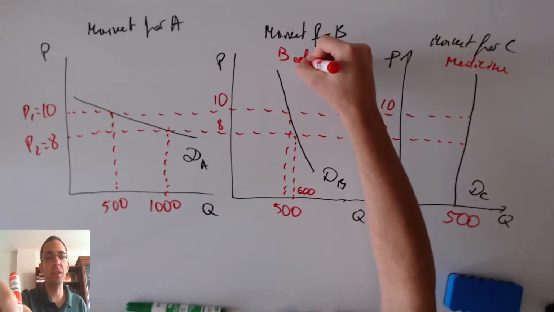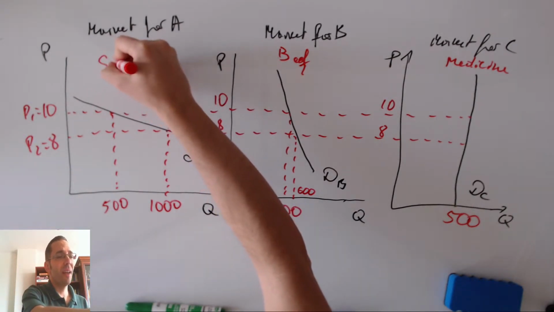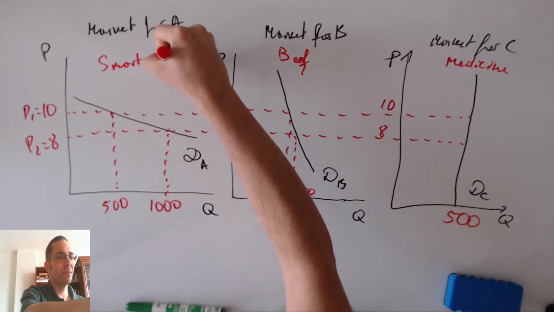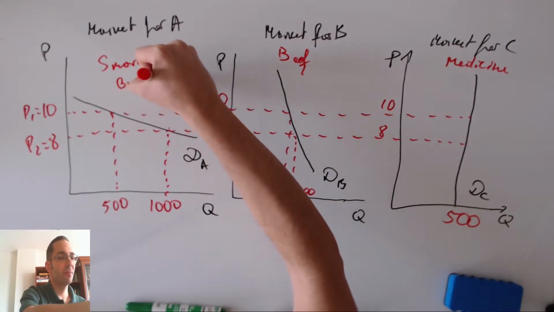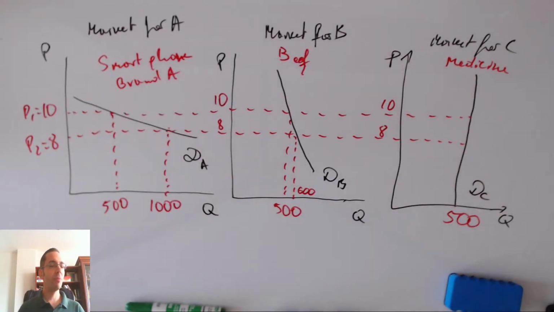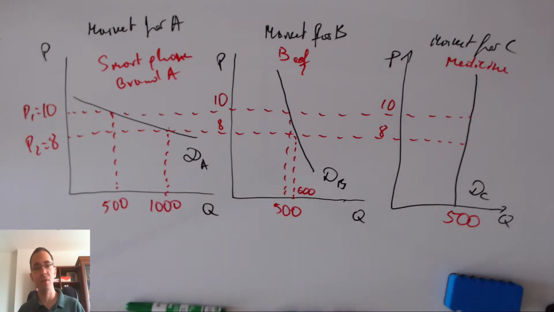If you're a vegetarian, then I guess that would be cauliflower or whatever vegetable you like to buy. And let's say this would be smartphone brand A. Over here we see that a 20% decrease in the price actually doubled the quantity demanded.